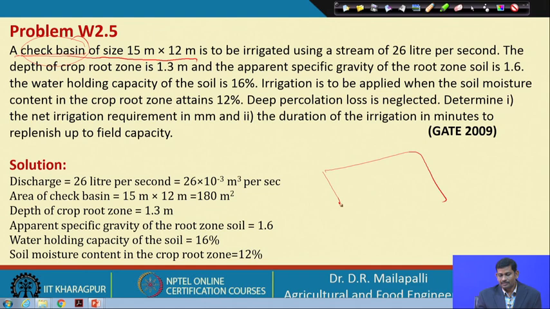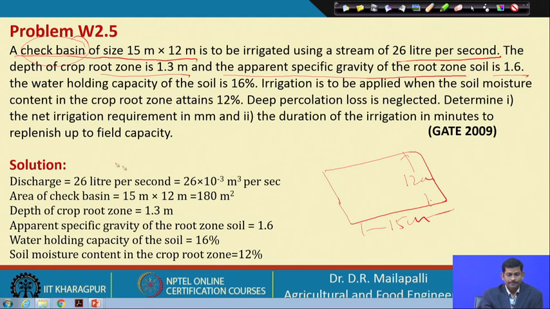So there is a check basin which is 15 meter long and 12 meter wide, irrigated using a stream of 26 liter per second. The depth of crop root zone is 1.3 meter. The apparent specific gravity of the root zone is 1.6.